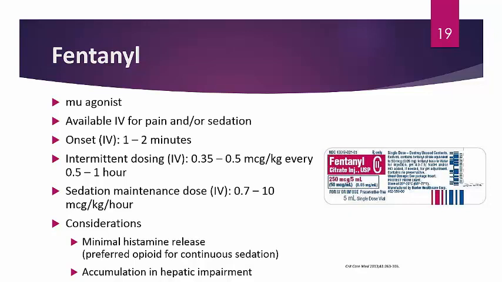And in the patient populations we use these in, some of these patients may already have hypotension or be prone to hypotension. So using agents that minimize the risk of hypotension is preferred, and fentanyl would be the preferred opioid for continuous sedation. Like morphine and hydromorphone, it does also accumulate in hepatic impairment, though it may not necessarily be a contraindication to using fentanyl. It does not accumulate highly in renal impairment.